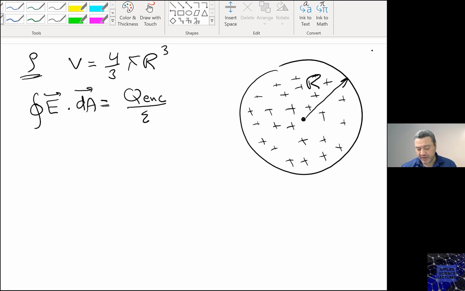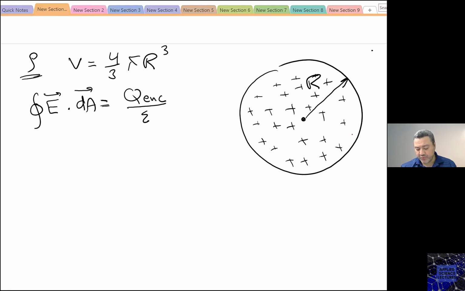I will be dealing, as I said, with two regions. Region 1 inside the insulator, region 2 outside the insulator. So if I take my Gaussian surface to be this one for region number 1, this is small letter r, that's my variable.